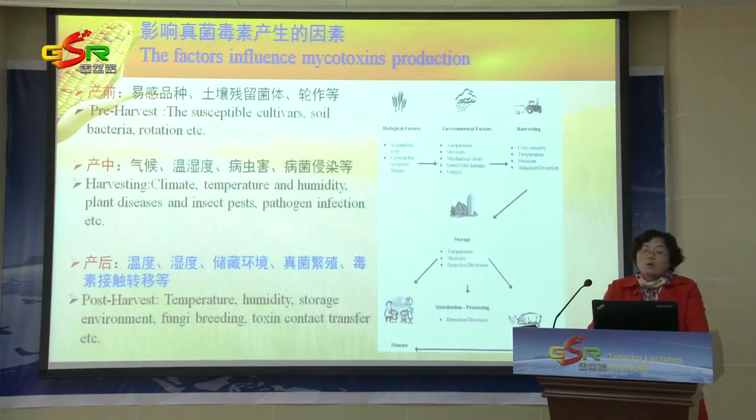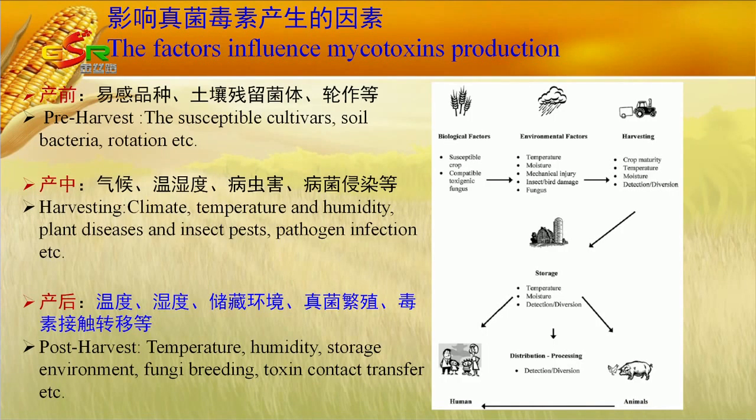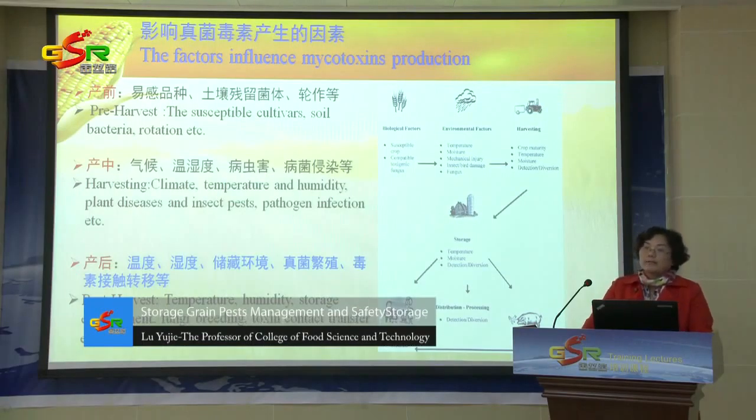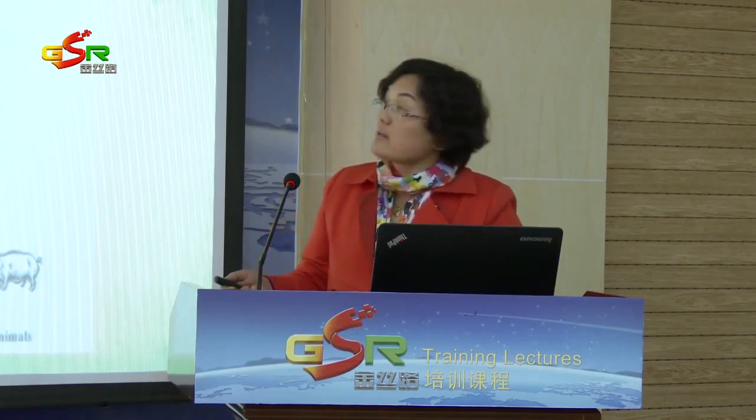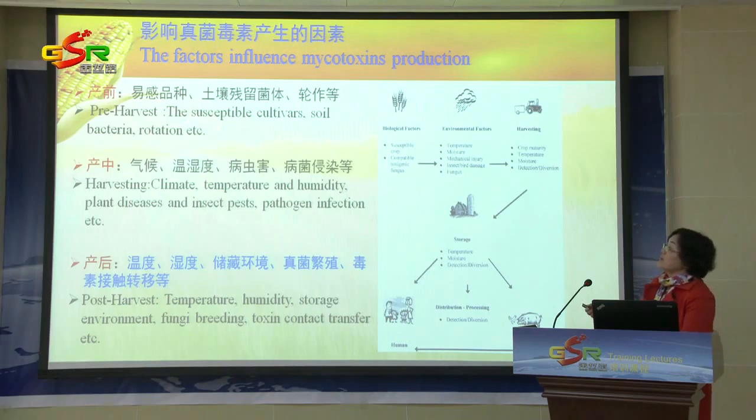What are the factors influencing mycotoxin production? We must think about it, because it is not only the grain. The pre-harvest, harvesting, and post-harvest stages all have factors that influence mycotoxins. At the pre-harvest stage, there are susceptible cultivars, soils, bacteria, and crop rotation, etc. That means before harvest there are biological control, specific causes, contamination, toxins, and fungi.